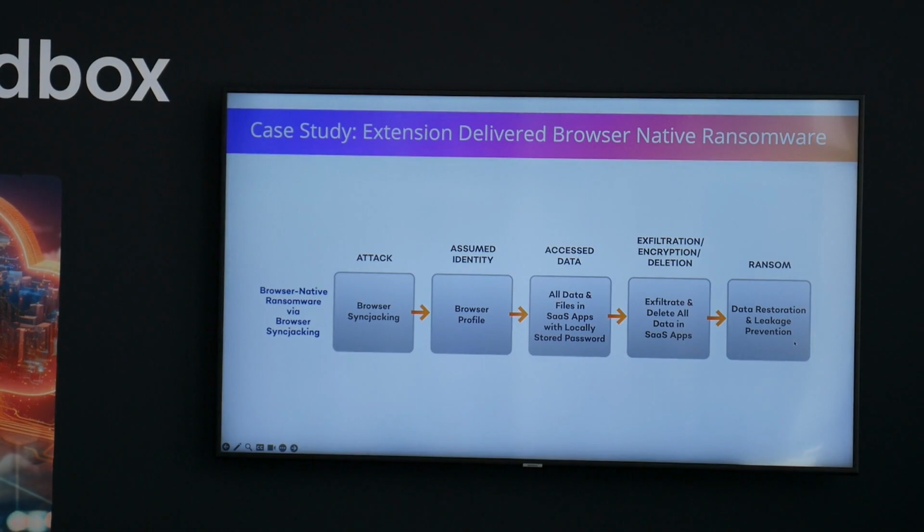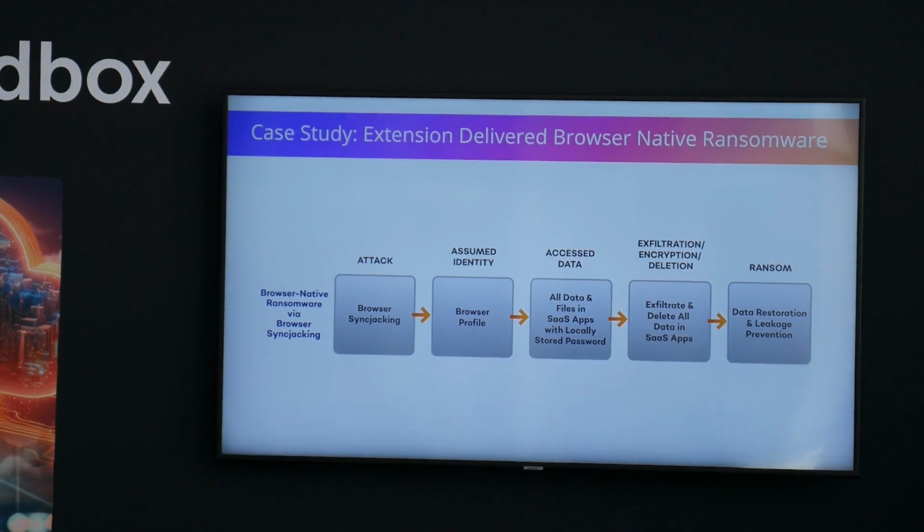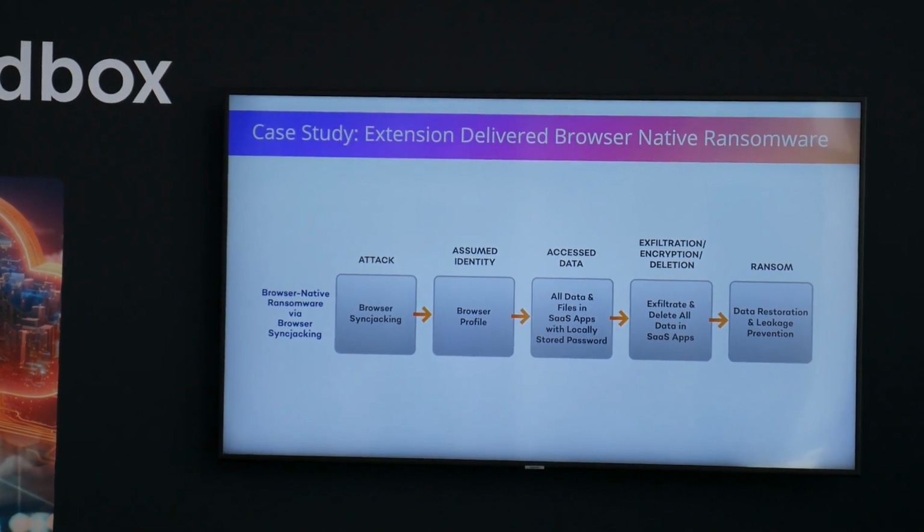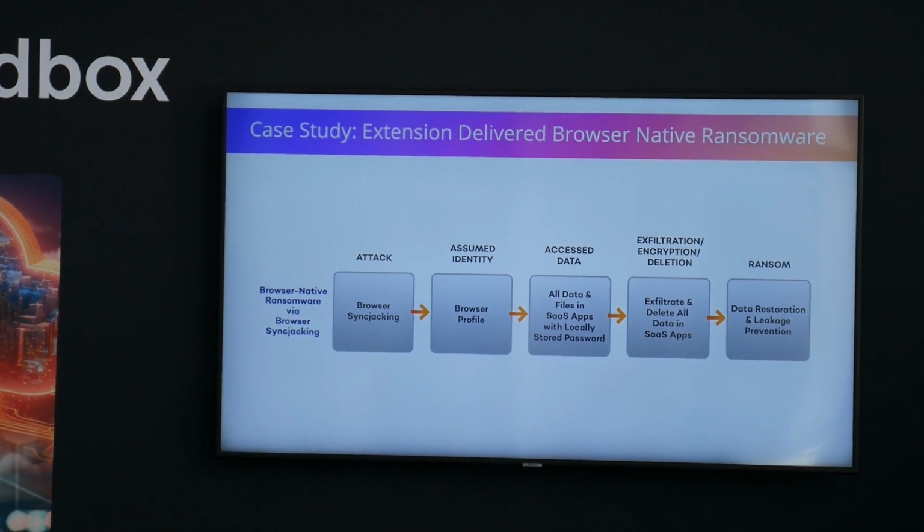All right, so the third one. You mentioned MFA earlier, right? That's a very good question. The third example is actually an attack that uses browser extensions. Business email compromise, people are probably familiar with. Drive is often compromised. But now we're starting to look at newer attack vectors. What if browser-native ransomware can be orchestrated through modern attack vectors like malicious browser extensions?